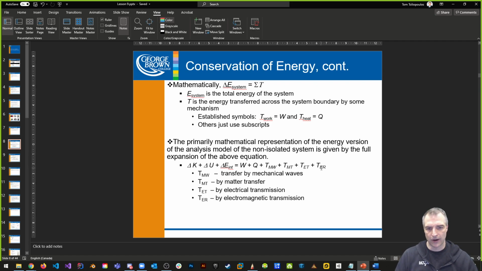And then we have other things here like transfer of mechanical waves, transfer of matter, electrical transmission, and electromagnetic transmission, and these two sides balance. That's how it works. The established symbols are total work, plus total heat, so the transfer of work plus transfer of heat, and that's Q.